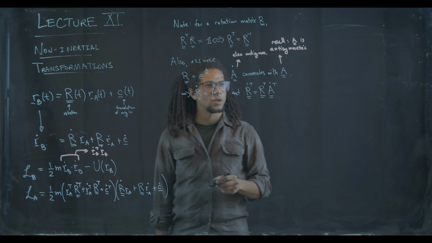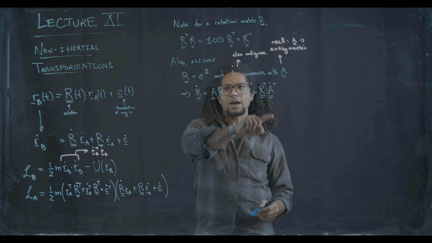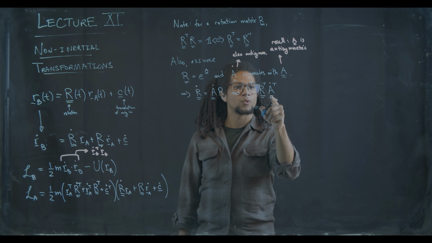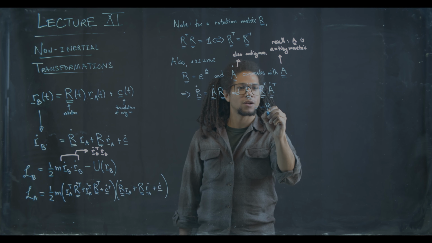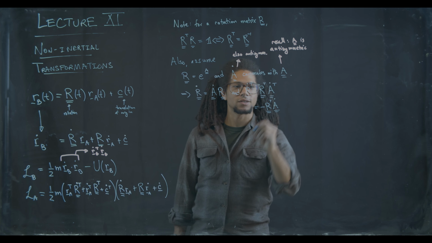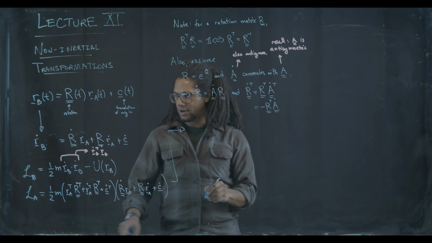Great. So I actually can take this equation down here and replace A dot transpose with just minus A dot. So I get R transpose A dot. Good.